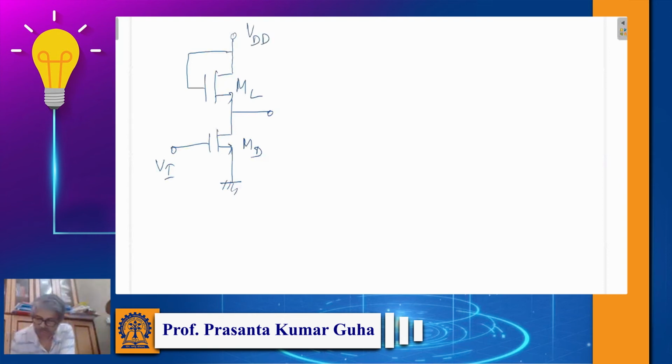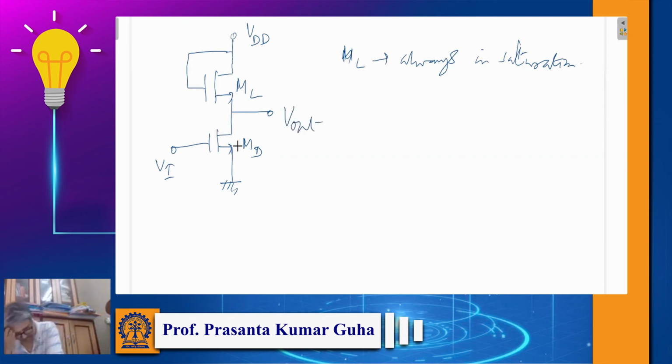Here ML will always be in saturation, as I discussed in the last slide, simply because its gate and drain are shorted. MD depends on Vi and this Vout, whether it will be in saturation, triode region or cutoff region, etc. But ML will be in saturation.